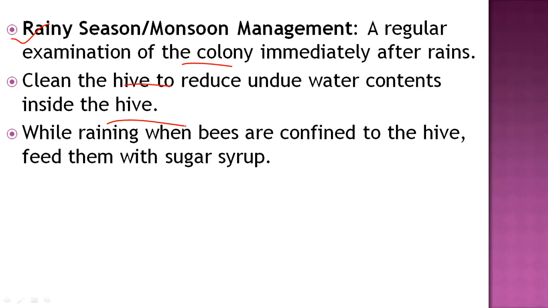Otherwise there is a chance that disease develops. While it is raining and the bees are confined to the hive, feed them sugar syrup. All these techniques are needed to protect our honeybees from the variations in the environment, so that we get maximum honey and other honey products.